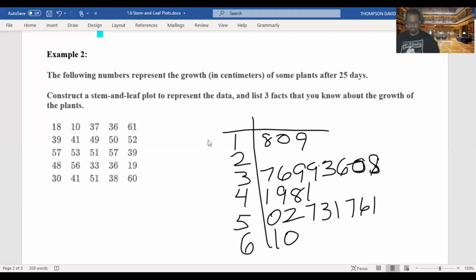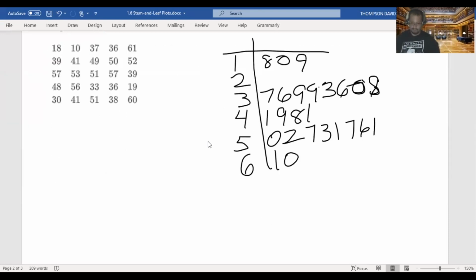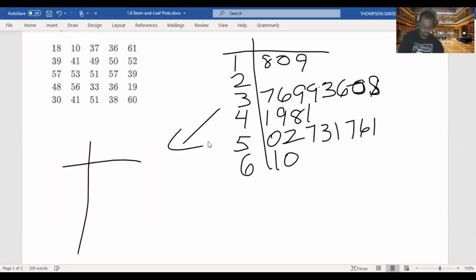Now rewrite it so we have them in numerical order to make it easier to analyze the data. So renumbering 1, 2, 3, 4, 5, 6. In our 1 row, we have 0, 8, then 9. There's nothing in our 2 row.